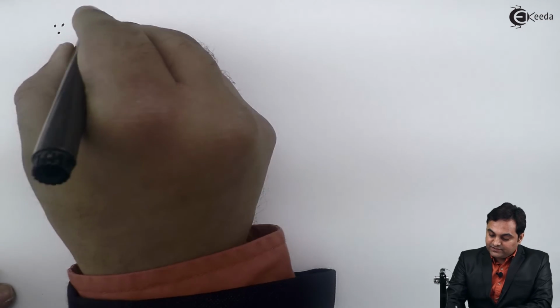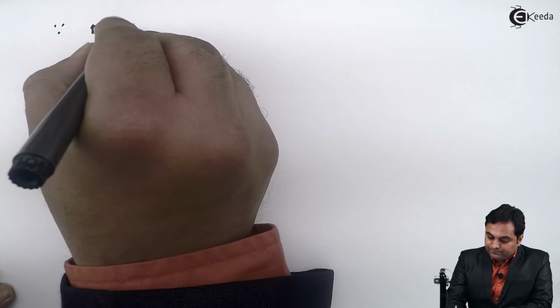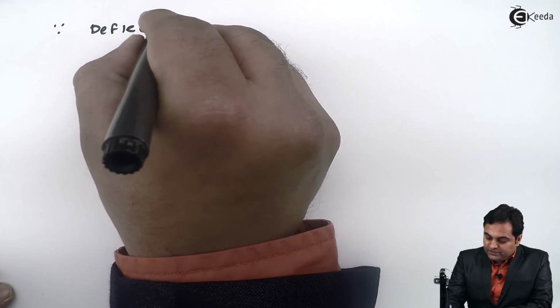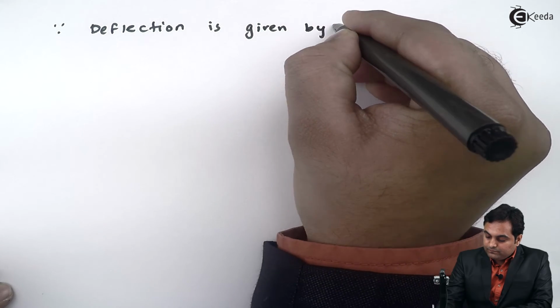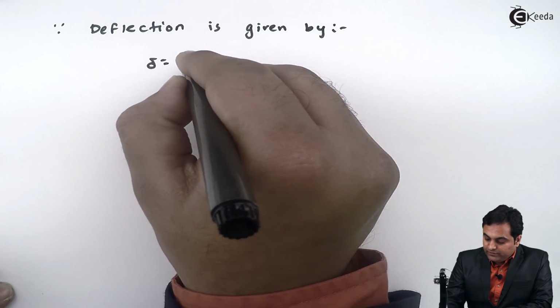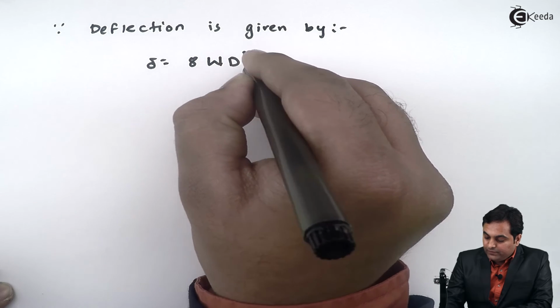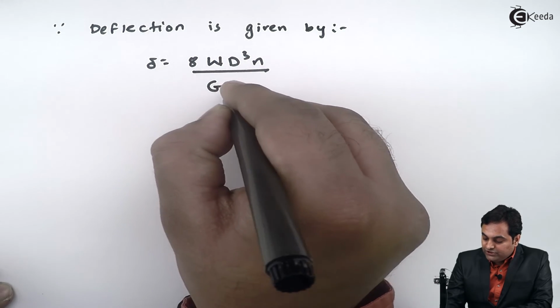The next thing is, we will use the deflection formula to get the total number of active coils. I'll say that since deflection is given by, deflection is equal to 8 W D cube N upon G d raised to 4.